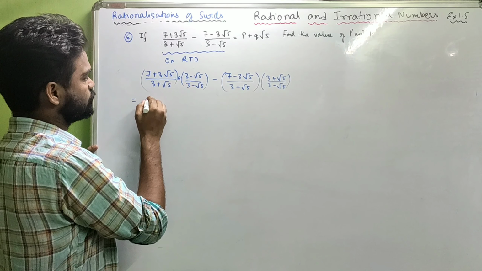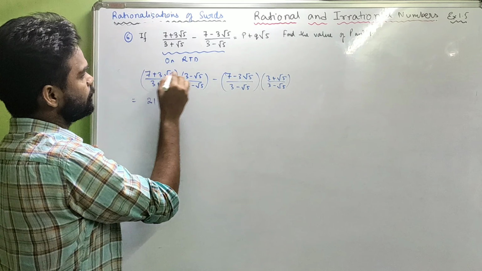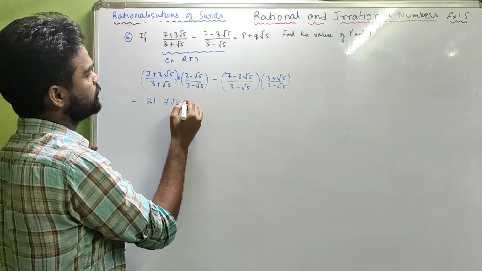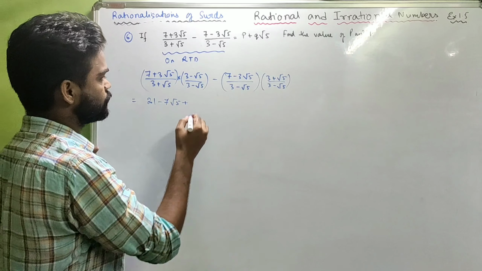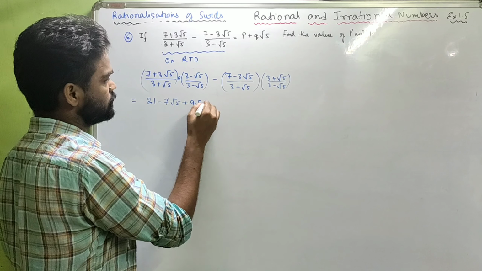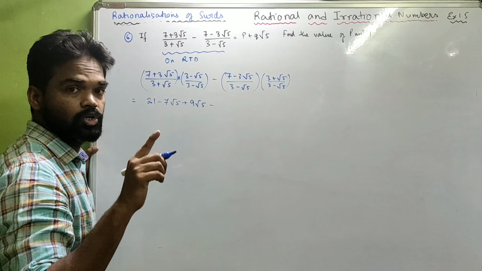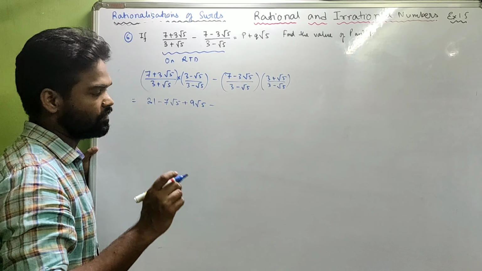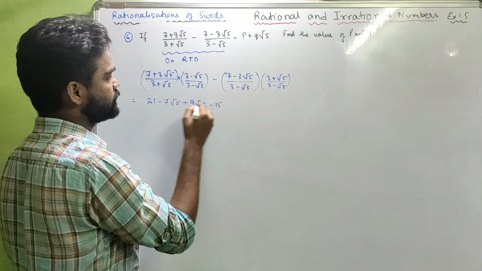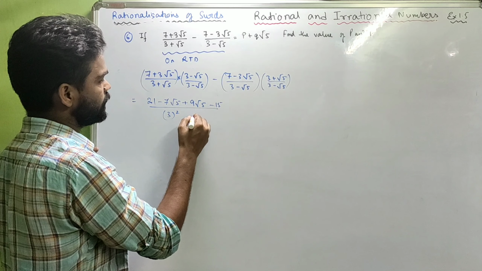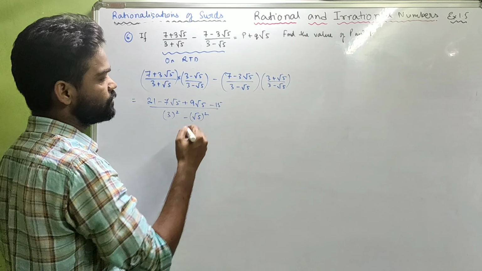So 7 multiplied by 3 is 21 minus 7 multiplied by root 5. This is 3 root 5 multiplied by 3 is 9 root 5, plus minus 3 root 5 multiplied by root 5. So root 5 multiplied by root 5 is 5, 5 3s are 15, by this will be 3 square minus root 5 square.